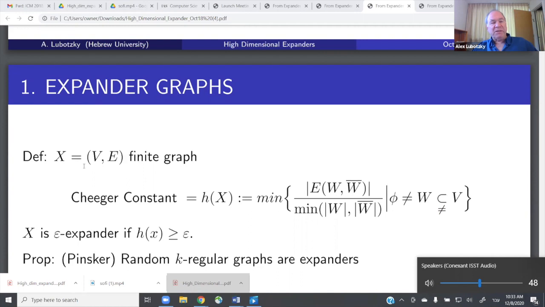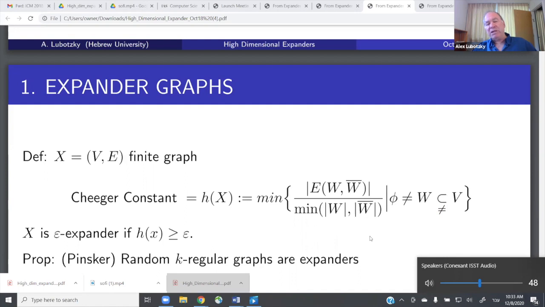An expander X = (V, E) is a finite graph. We look at the so-called Cheeger constant, which is the minimum over all subsets W of V, neither the empty set nor V, of the number of edges from W to the complement of W divided by the minimum of the sizes of W and its complement.